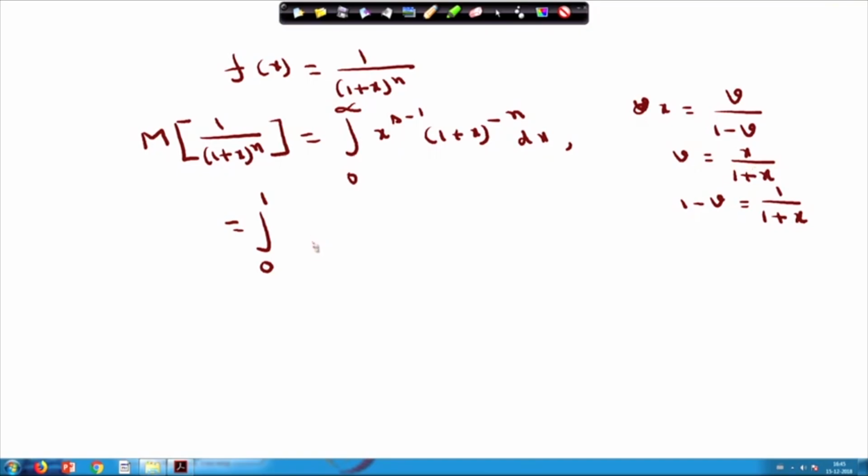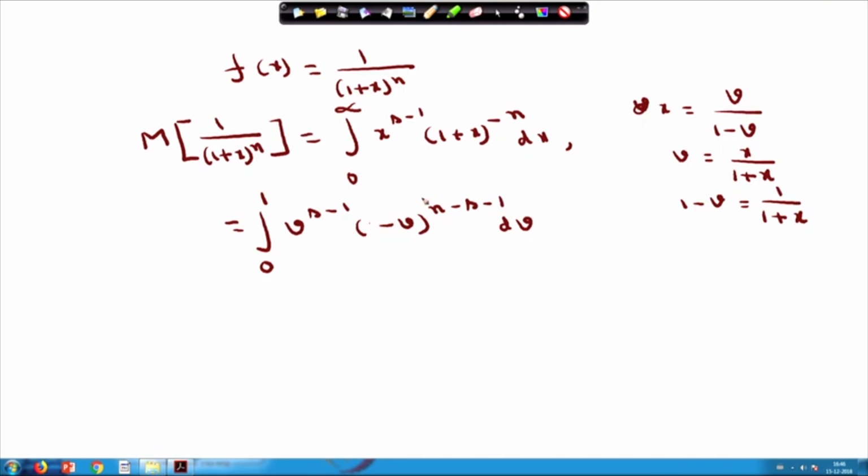So, that it is equal to v to the power s minus 1 into 1 by 1 plus x whole to the power n, and 1 plus x whole to the power n means 1 plus v to the power n. So, this becomes 1 minus v to the power n minus s minus 1 into dv. Your dv I am calculating from here, and by using this we are getting this.